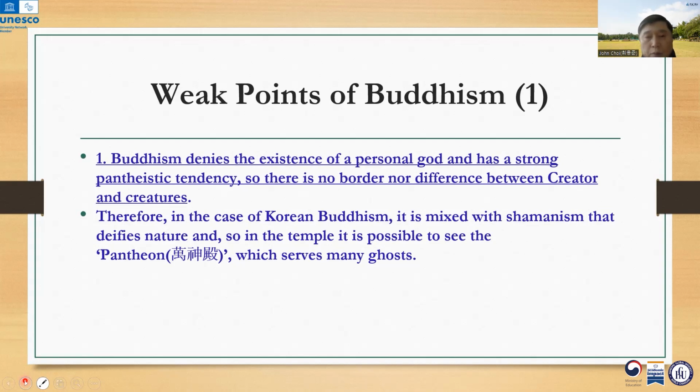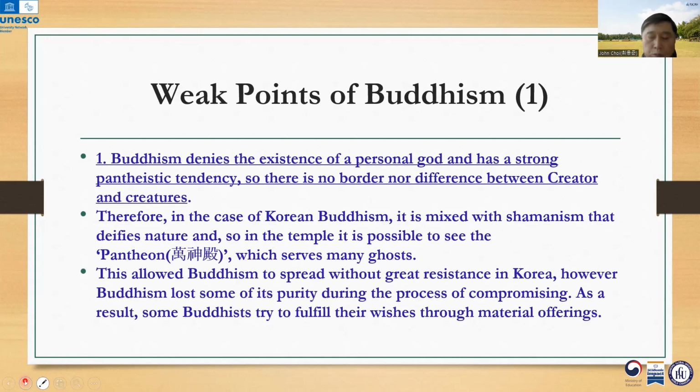And so in the Buddhist temple, you can see the building called Pantheon, which means serving many gods, almost 10,000 gods or ghosts. We call it Manshinjan.